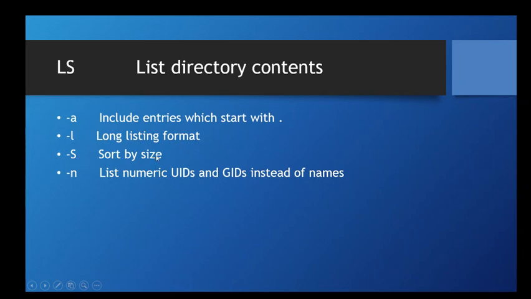We can sort by size with uppercase S, and with dash n list numeric UIDs and GIDs instead of names. We will look at more commands. These are just the ones most used by me right now, but other ones might be relevant to you.